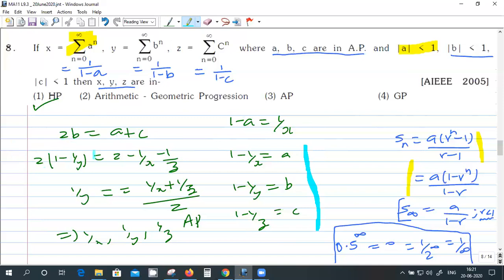Plug in this one, you get a relation between 1 by X, 1 by Y, and 1 by Z. Actually, 1 by Y is (1 by X plus 1 by Z) by 2. This basically means that 1 by X, 1 by Y, and 1 by Z are in AP. That means that X, Y, Z are in HP, right?